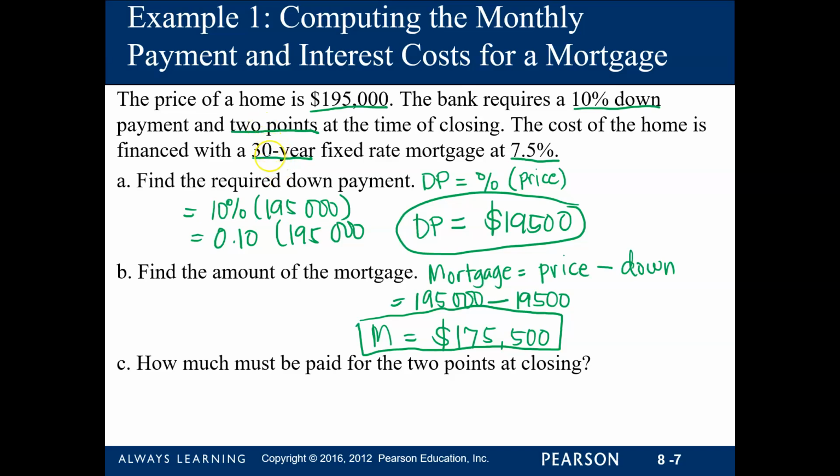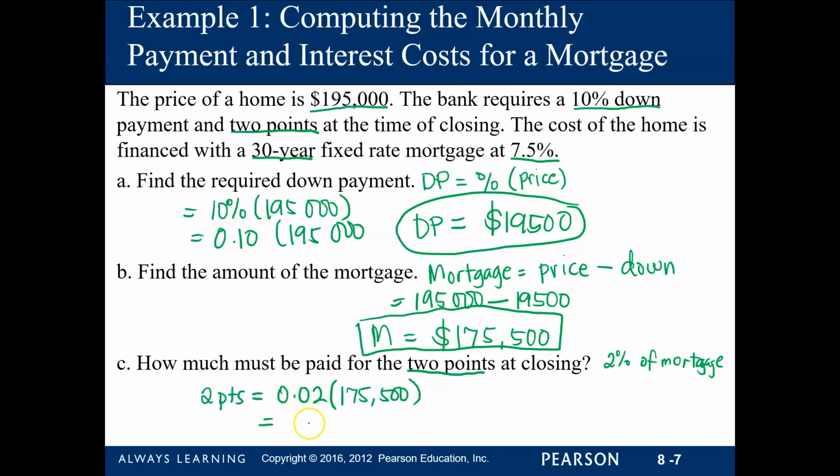Now, how much must be paid for 2 points at closing? 2 points is 2%. 2% of what? The points are always applied to the mortgage, so 2% of the mortgage. In this case, 0.02 times our mortgage of 175,500.